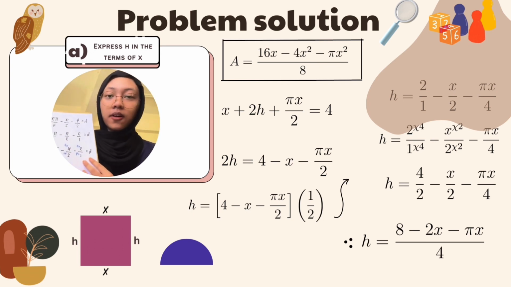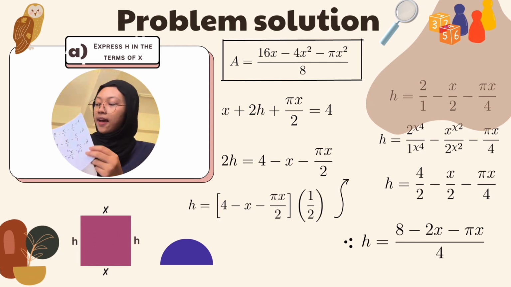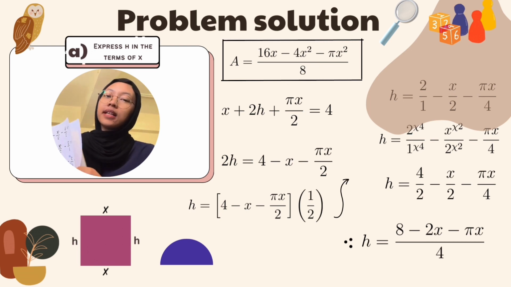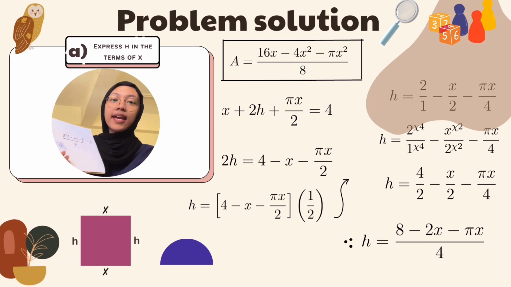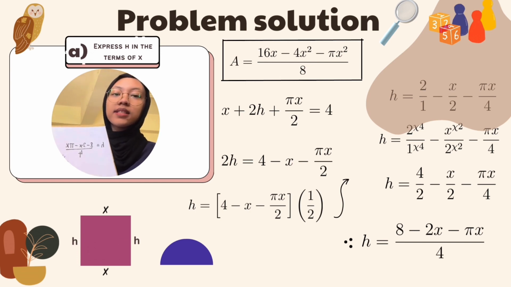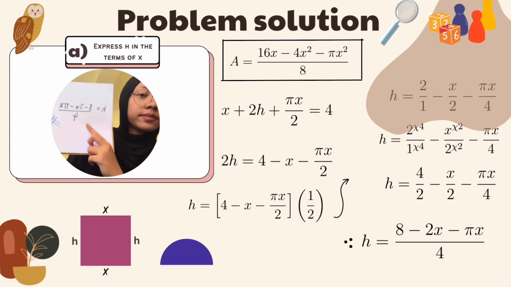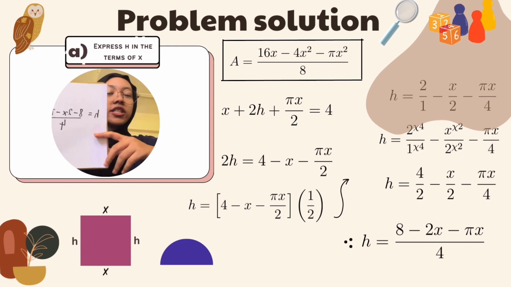After we get all the denominators as 4, we have the final answer, which is h equals 8 minus 2x minus pi x over 4. That's all for question A.